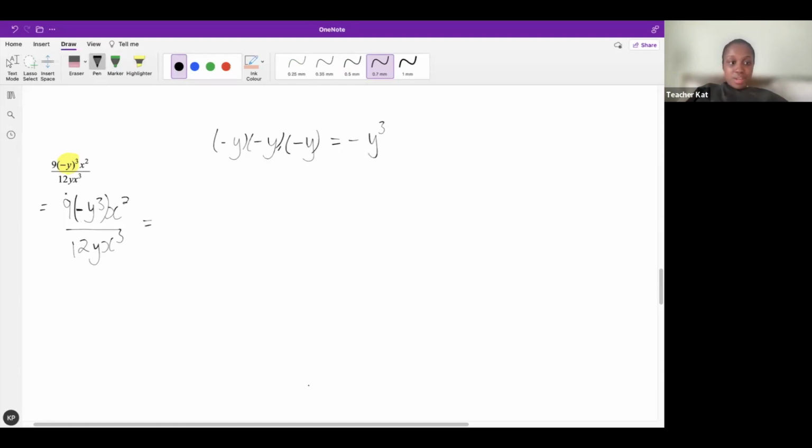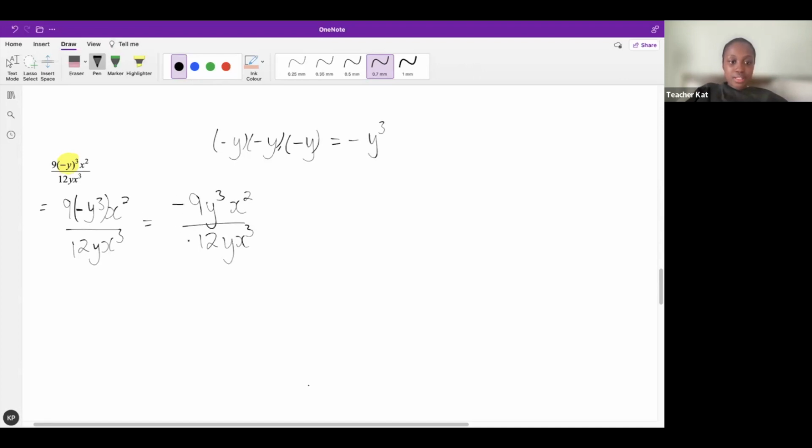If I have a positive 9, negative y cubed, and positive x squared, thank you, Butlali. At the top, my overall sign is a negative, right? So it's going to be negative 9y cubed, x squared, all over 12yx cubed.